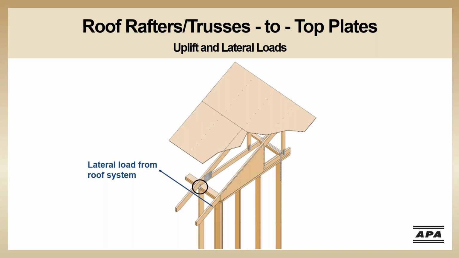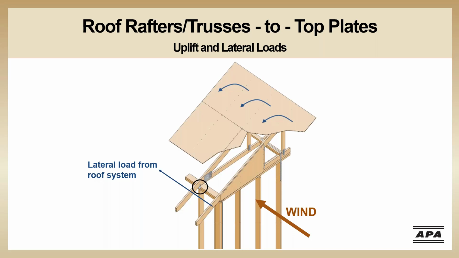Let's first take a look at the lateral load. This is the load that has moved from the roof system over to the edge of the roof and is now attempting to move down into the wall bracing of the wall below. Whether the connection between the roof framing and the top plate is toe-nailed or uses hardware such as hurricane ties, the majority of the roof wind load is transferred from the roof system into the top plate through this connection.